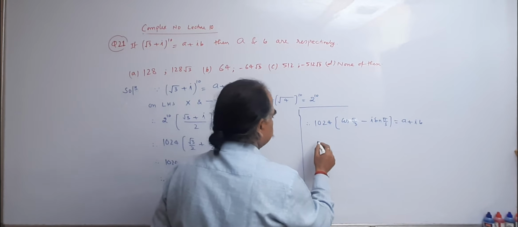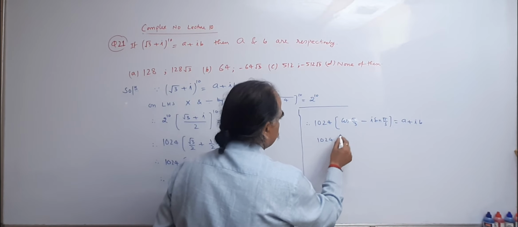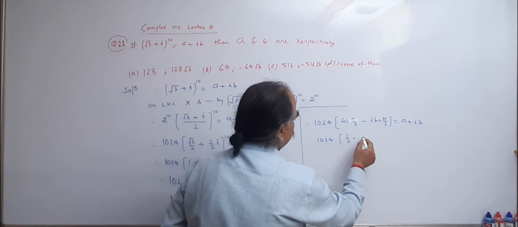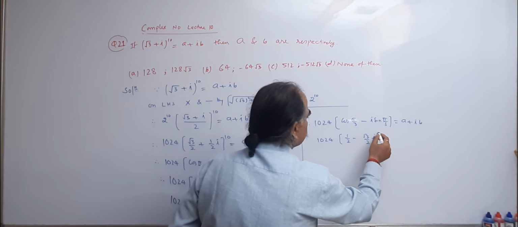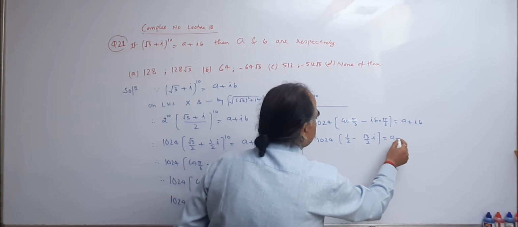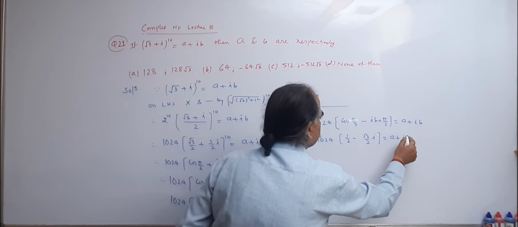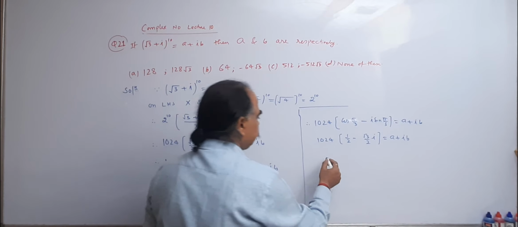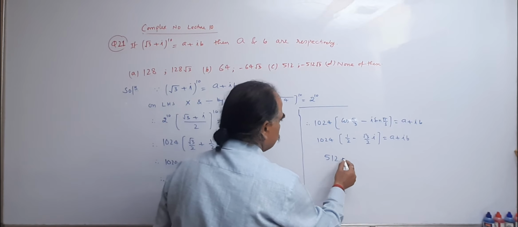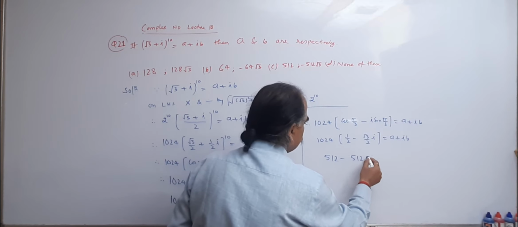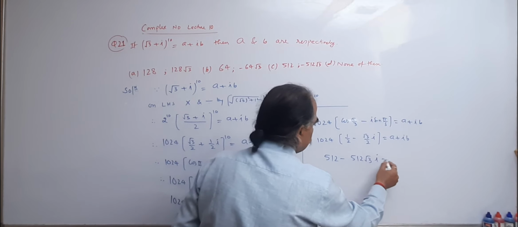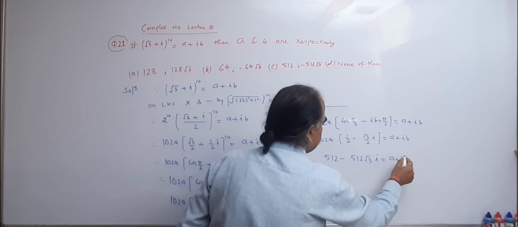Cos 60 is half, minus root 3 by 2 i, a plus ib. Multiply this, so 512 minus 512 root 3 i, a plus ib.